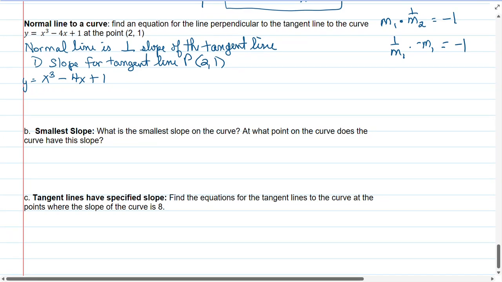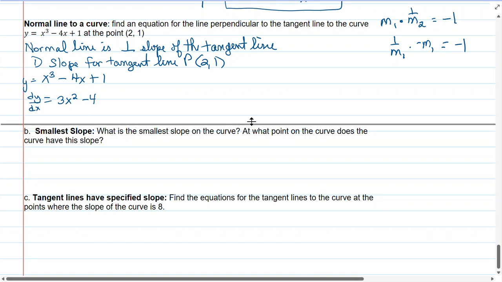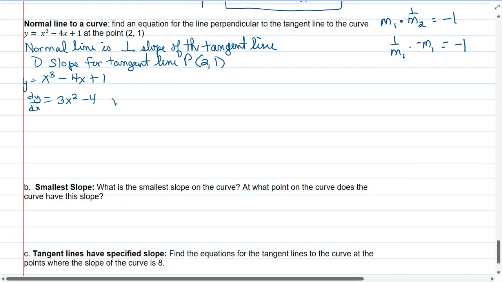I'm going to take the derivative. And this time, because it is a slope, I'm going to put dy dx. All right. So I need the slope, and x is 2. Thank you.